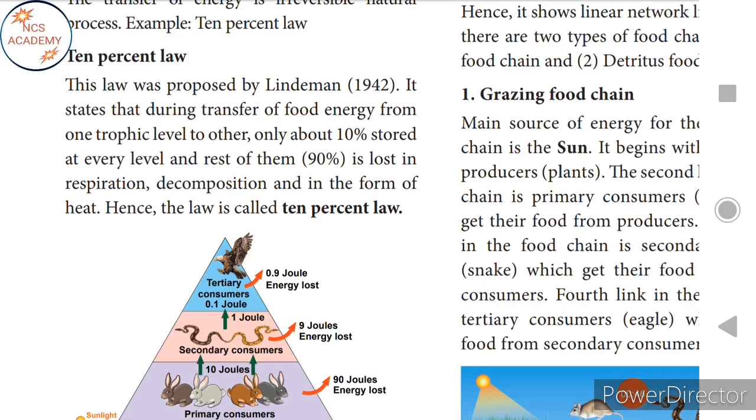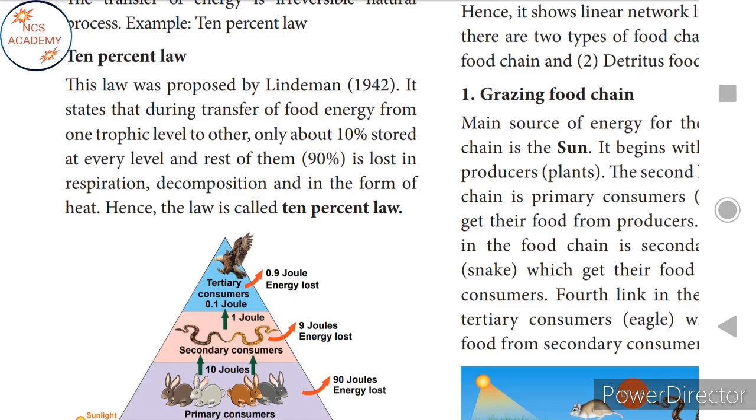This is a best example for the 10% law. You see that here in the basic level, 1000 joules of energy, among that 10% only 100, like that among the 100, 10% is stored, that is 10 joules, like that 1 joule.